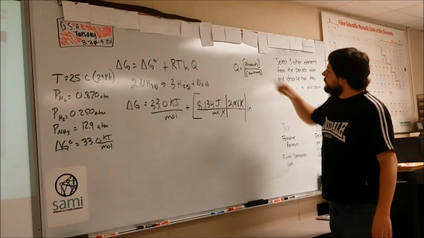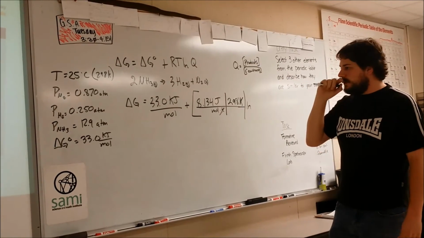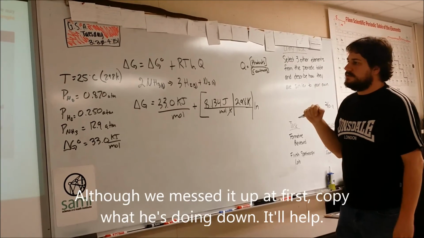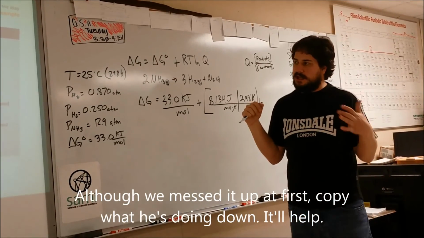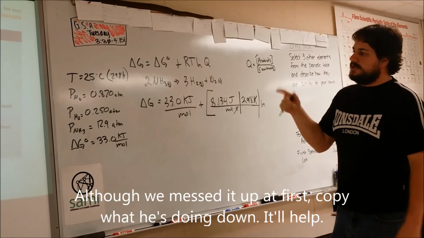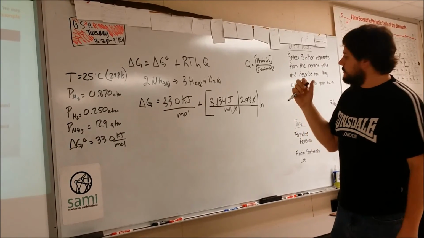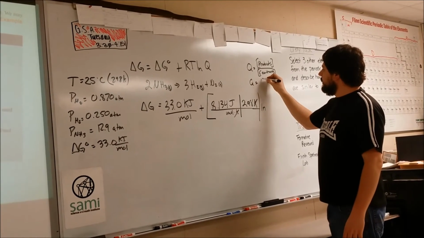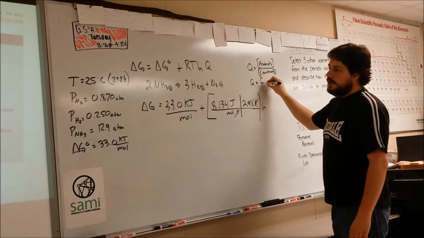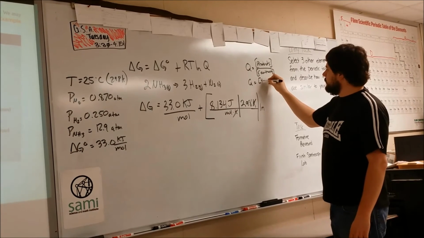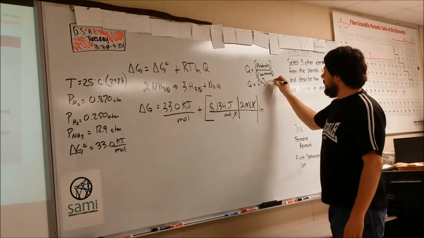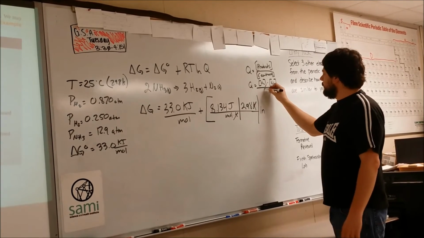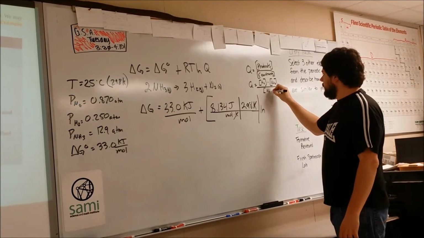When we do concentrations, we know that the atmospheres tell you essentially how much there is, and we're looking at it for the reactants and the products. So what we need for our Q is the concentration of the hydrogen times the concentration of the nitrogen, all over the concentration of the NH3.